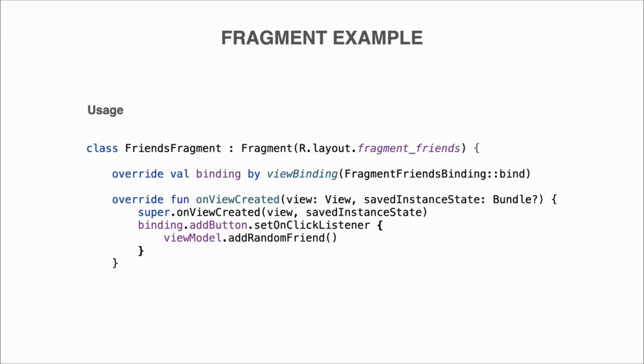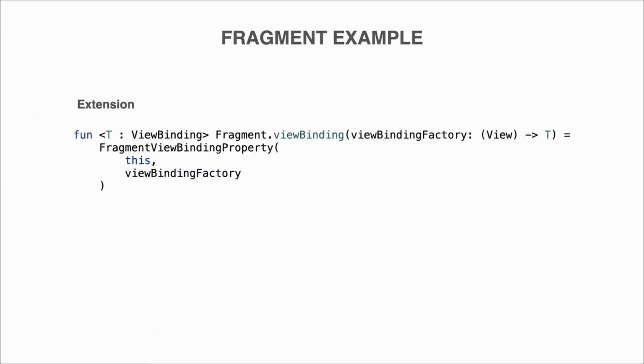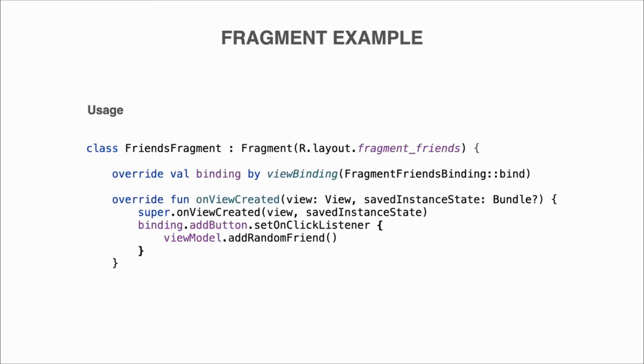And one more thing that I skipped is the view binding extension for fragments, as we had in the activity, but it only uses the fragment view binding property or delegate in the extension to instantiate the binding class.